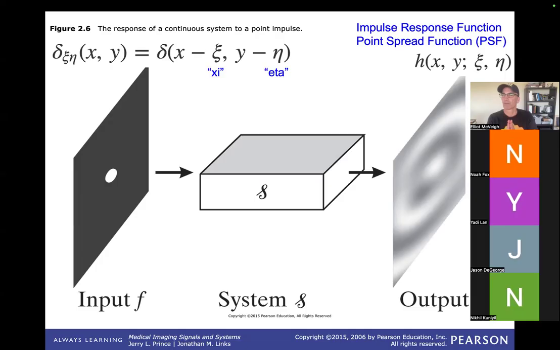If the impulse response is not the same for every position in the field of view of our image, we need to identify that and say, at each location I have a different impulse response. That impulse response still has values everywhere in the field of view, over all of these variables, but I need a different impulse response for each point in the plane. That makes life a lot harder.